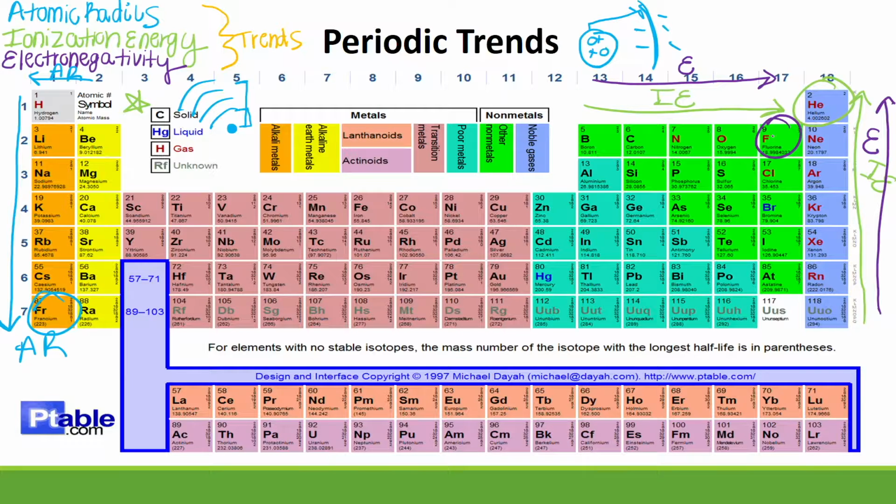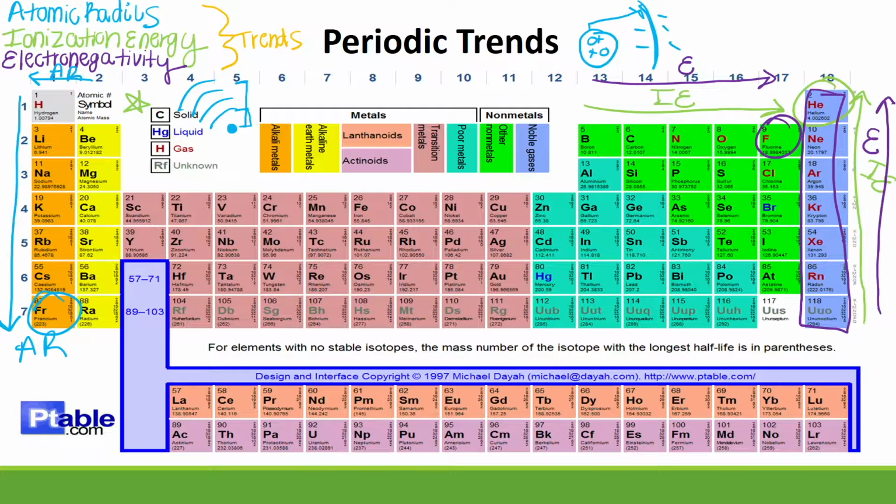I know that seems confusing, because you think helium has the highest ionization energy and fluorine has the highest electronegativity. But the noble gases are very different. Because the noble gases already have those 8 electrons, they don't need any more, so their desire for electrons is not there.